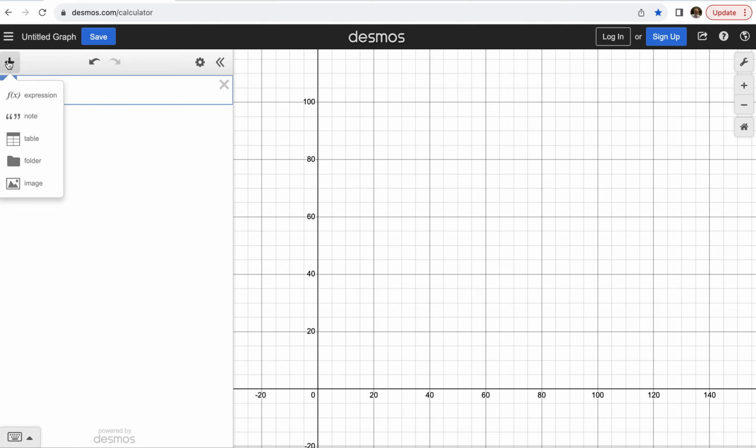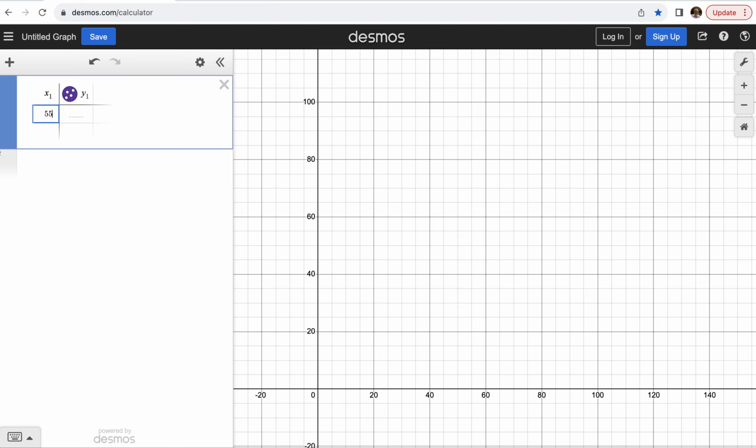So we're going to add a table, and they had 55. They measured in millimeters.